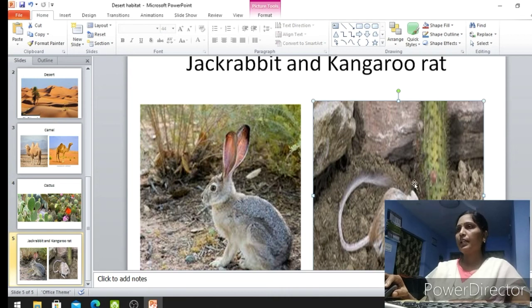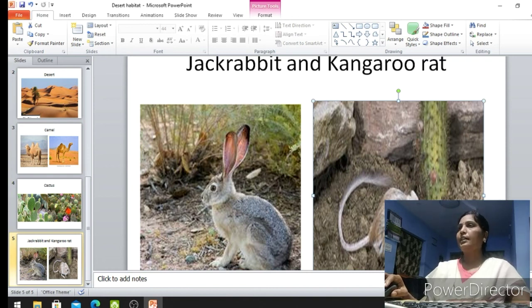Such animals are called nocturnals. Most of the animals in the desert areas are nocturnal because the daytime temperature will be very high, and to avoid the midday temperatures they come out in the evenings and night times when the weather is cool.